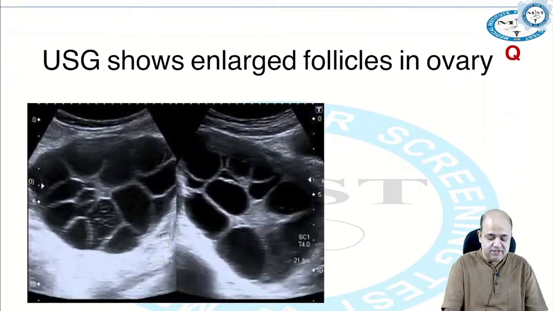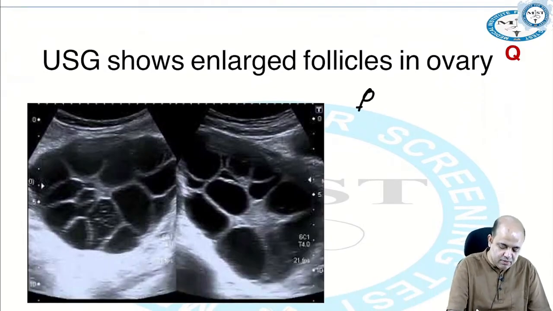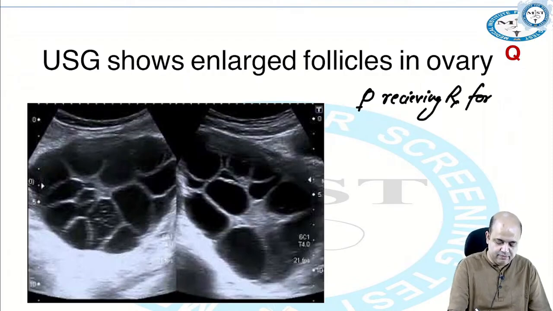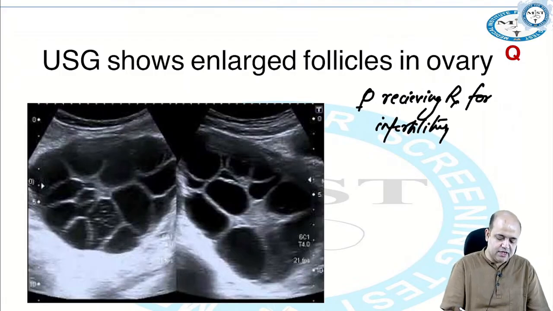The patient is receiving treatment for infertility. And then there are enlarged follicles. There is an acute pain abdomen.